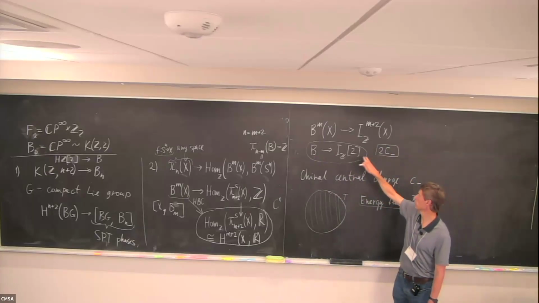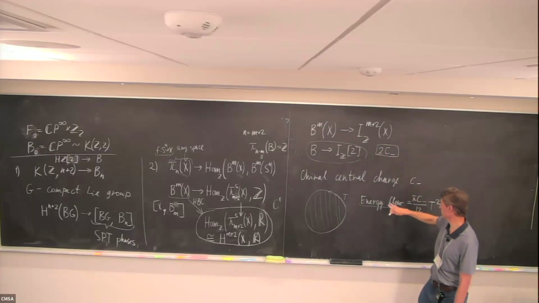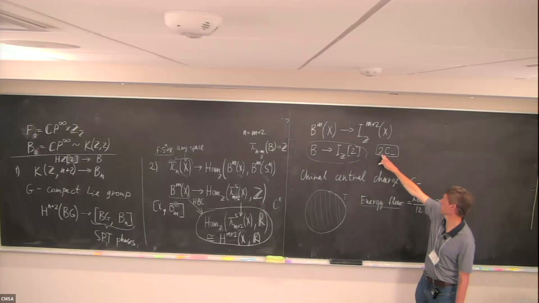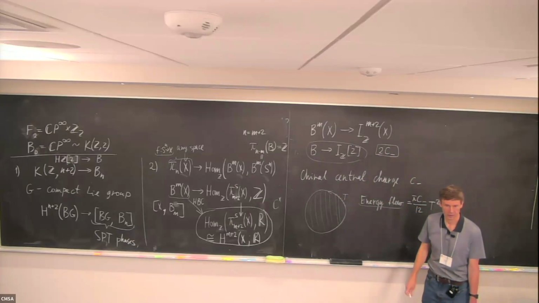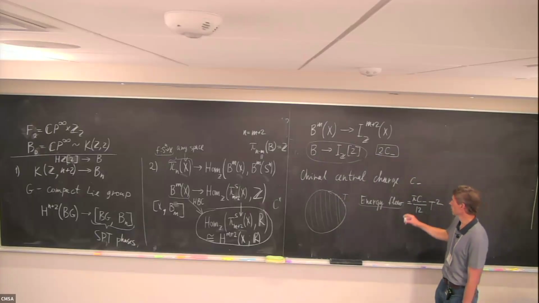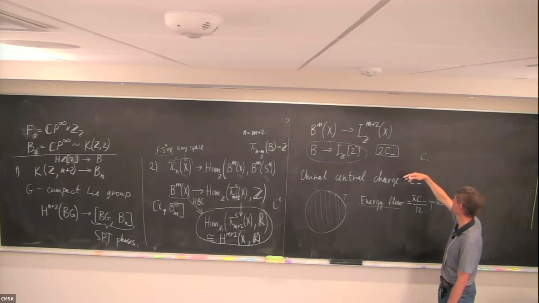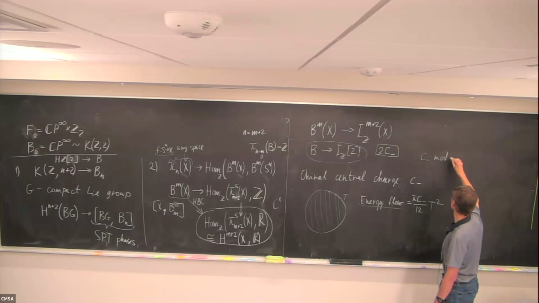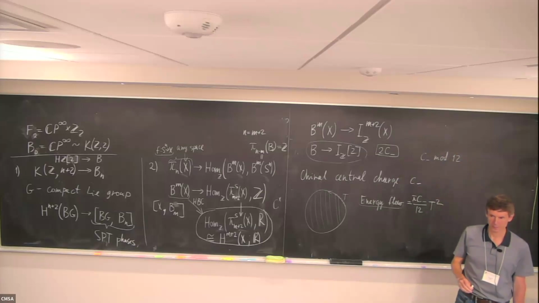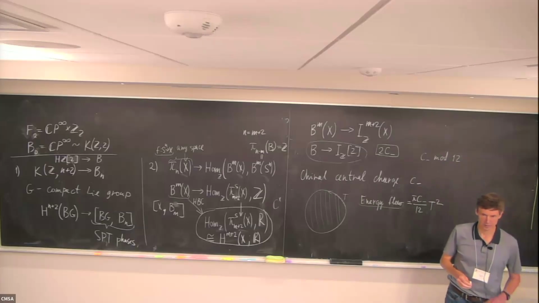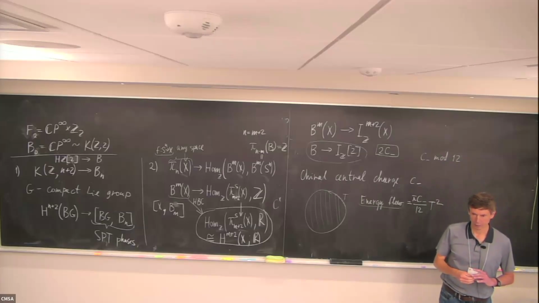The value of this map on the phase for which this energy flow is defined is 2c minus. And in particular, it shows that c minus is well defined modulo 12, and Nikita Sopenko proved that c minus is actually well defined modulo 24.